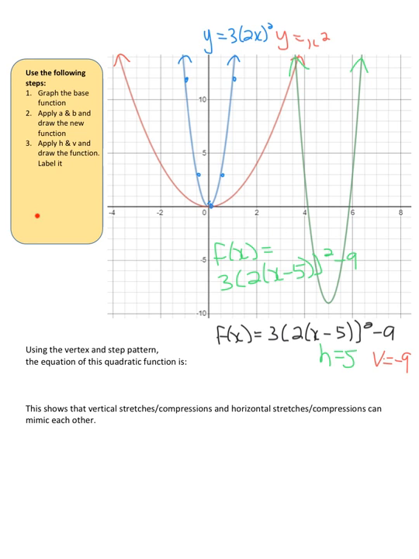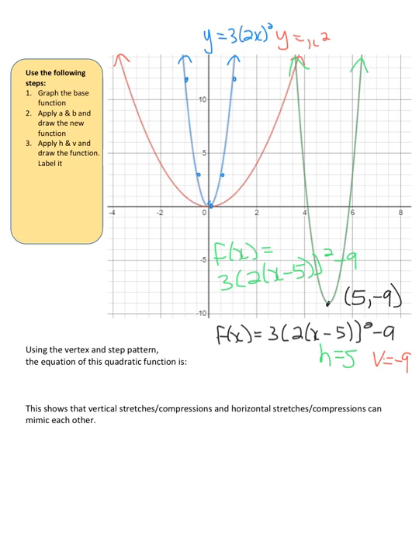And we need to do step 4 even though it was deleted from the steps box. So step 4 is just you check a point on your parabola to see if it works. So let's see, a nice easy point is this point here at 5, -9.